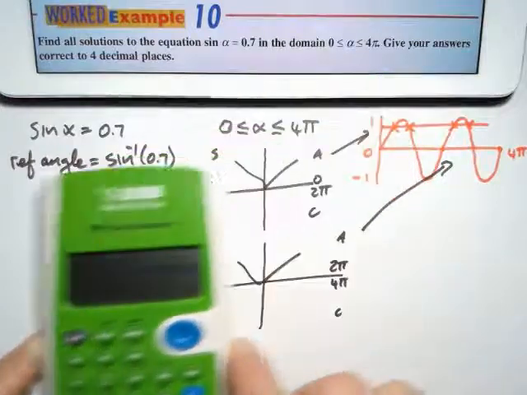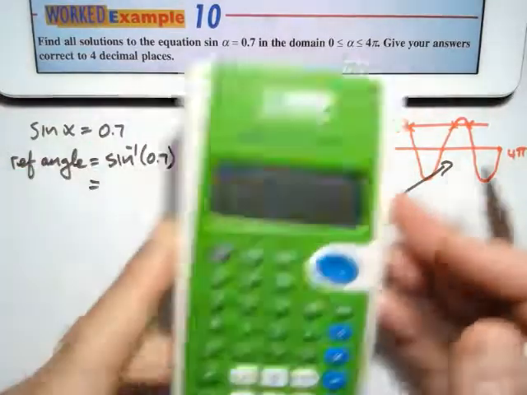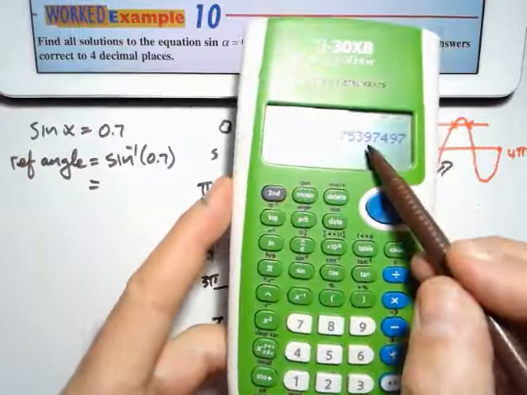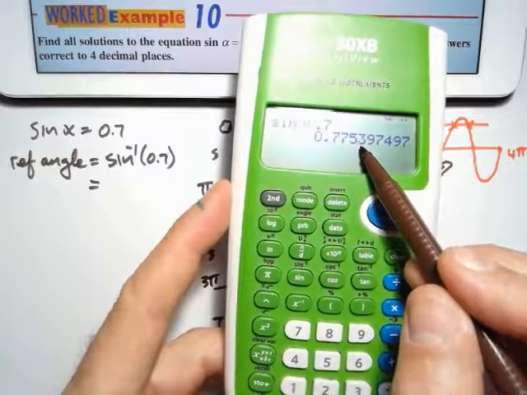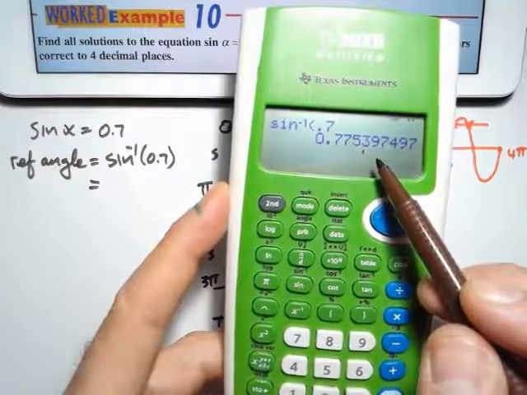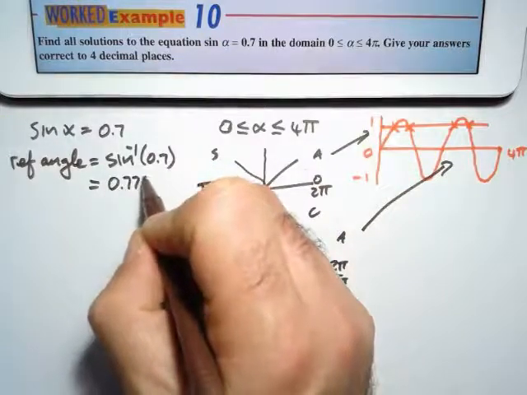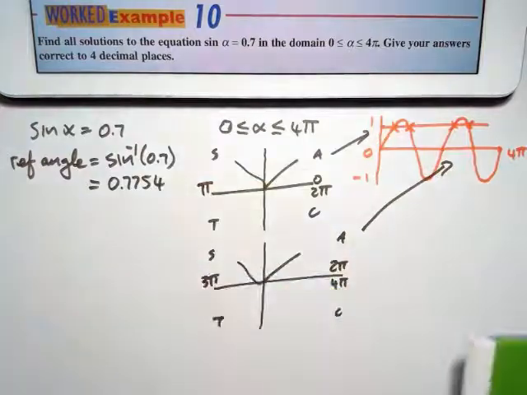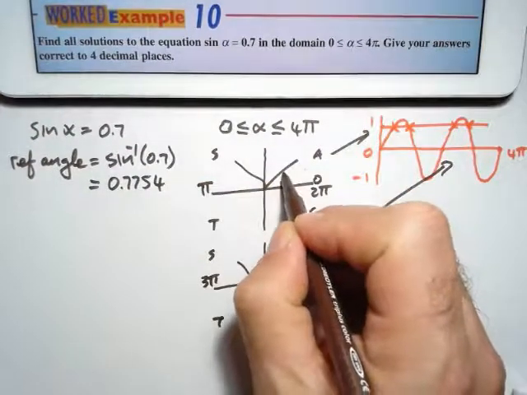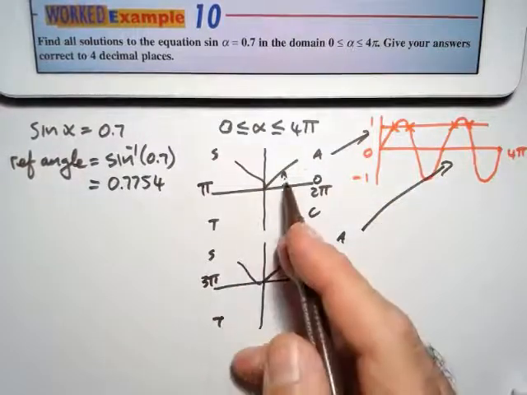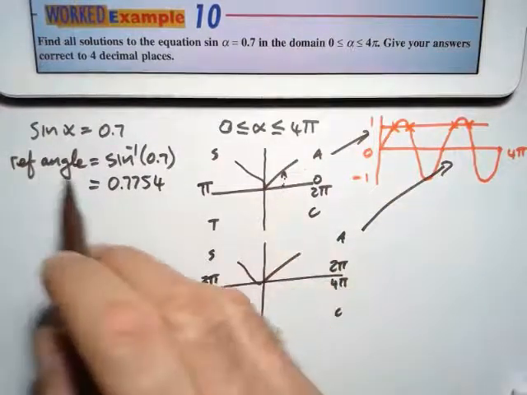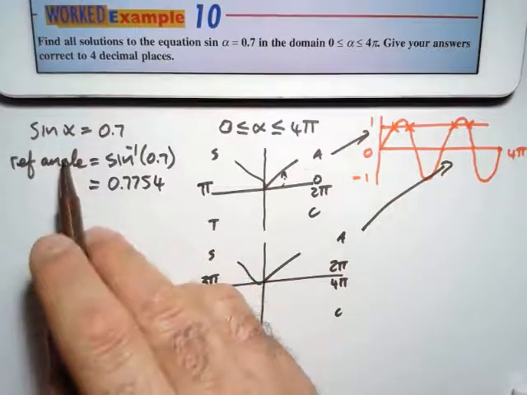Enter. Four decimal places means you look at the 5th decimal place and then round off accordingly, which means it's 0.7754. That will be my reference angle, the angle in my first quadrant, which turns out to be one that I want. But that's the reference angle. I don't write alpha there.